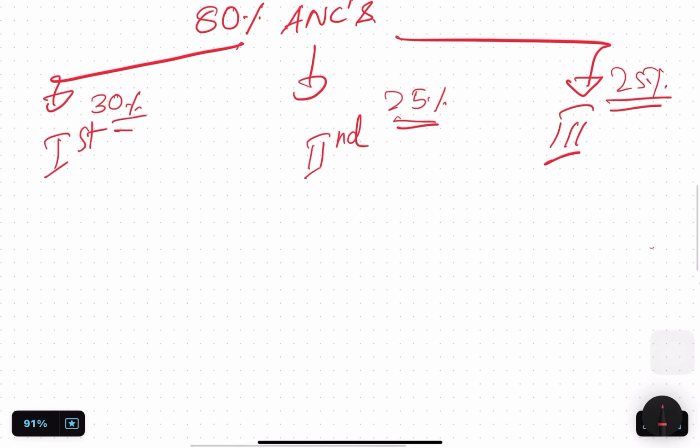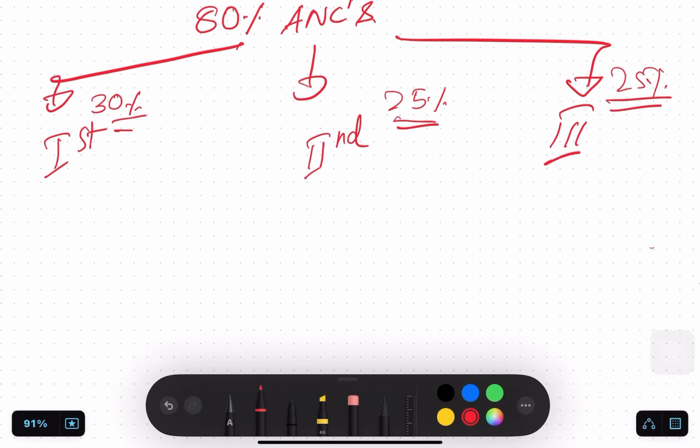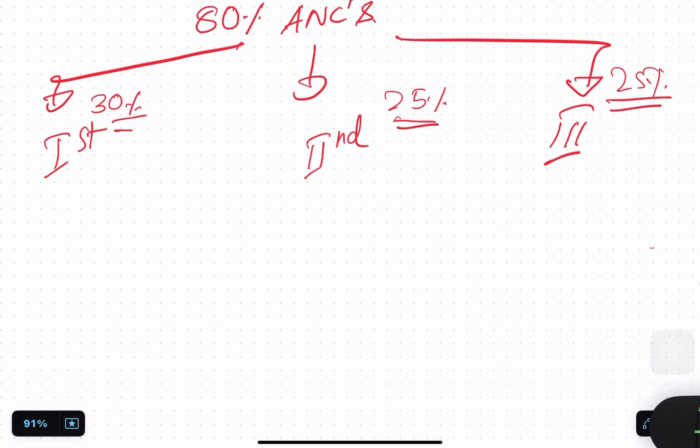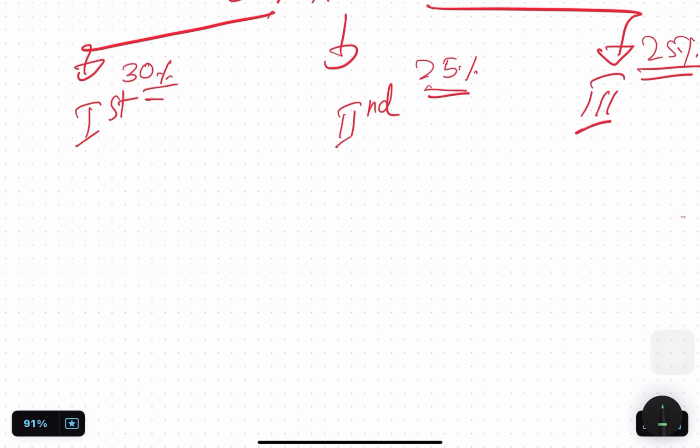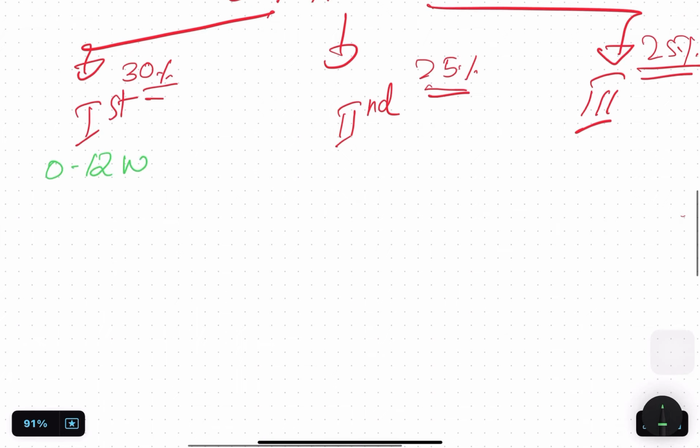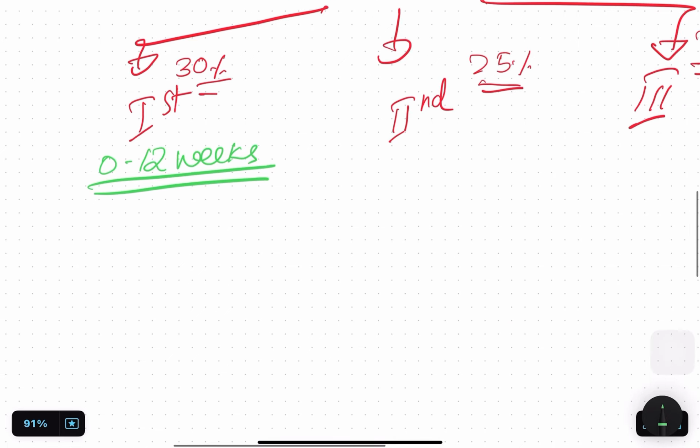Now coming to first trimester, what are the things you think you can see in first trimester? Usually they come for scanning. So what do you think are the chief complaints which constitute the first trimester? First trimester is nothing but 0 to 12 weeks, correct? So what do you think is the most common complaint here? Yes, you're right. Major is nausea and vomiting.